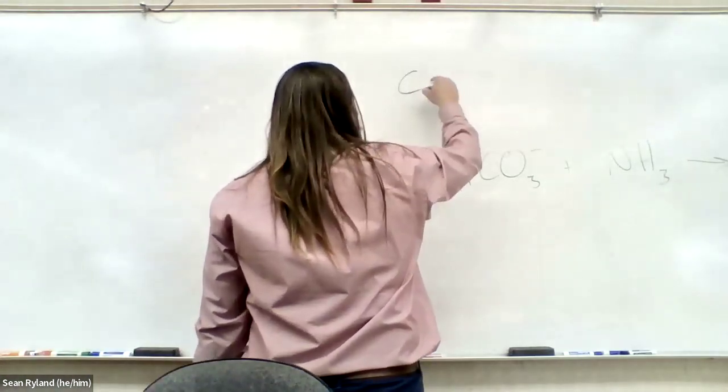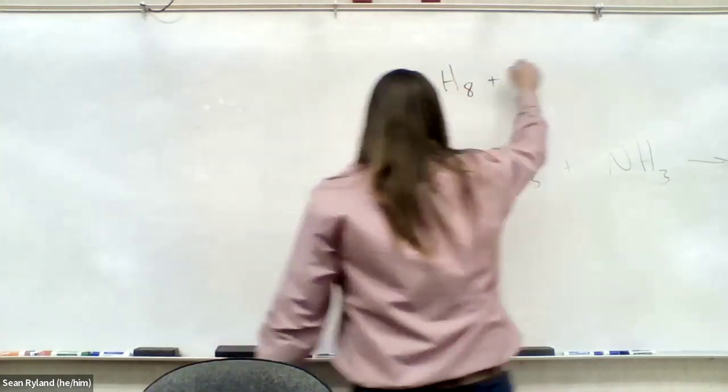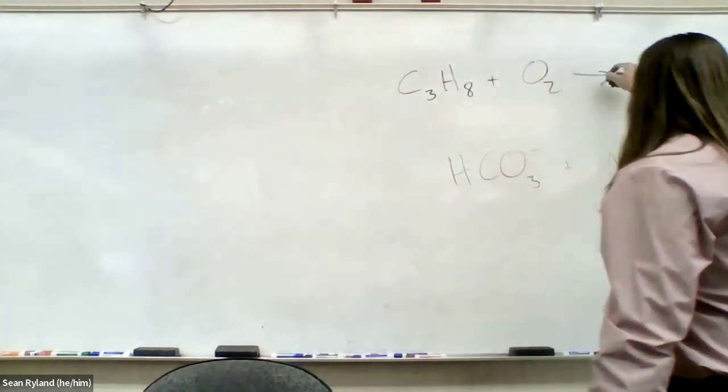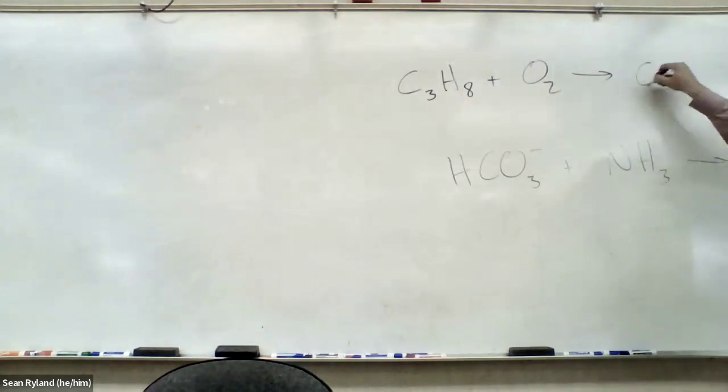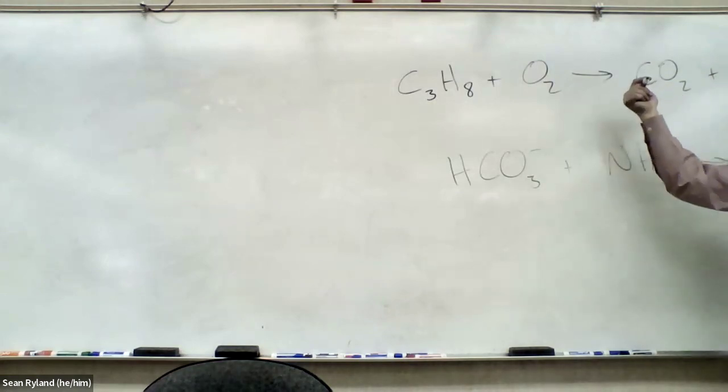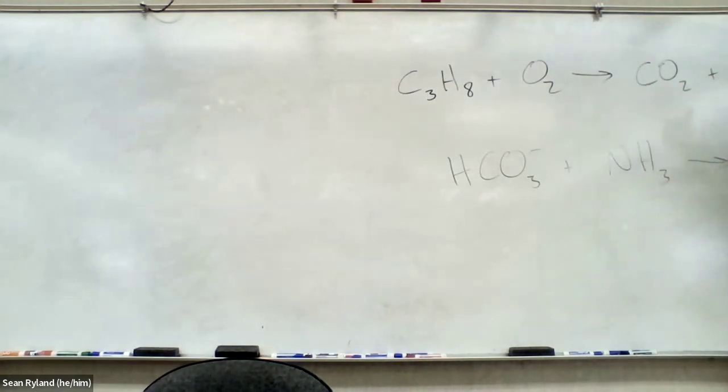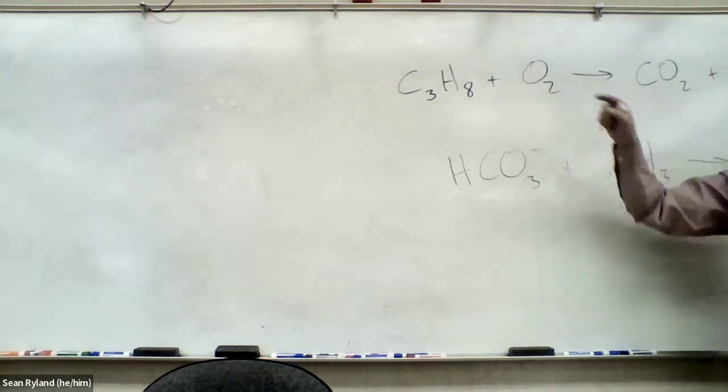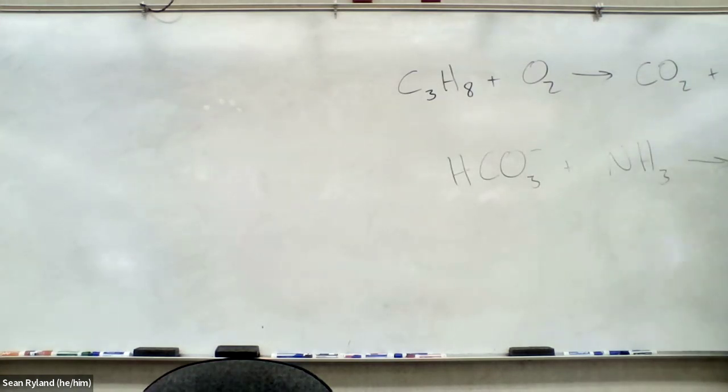So propane is C3H8 plus oxygen. That's going to combust to make CO2 and water. Obviously, this isn't balanced. But as soon as you see something makes CO2 and water as the products, and it has oxygen as a reactant, combustion. So those are the easiest to recognize.